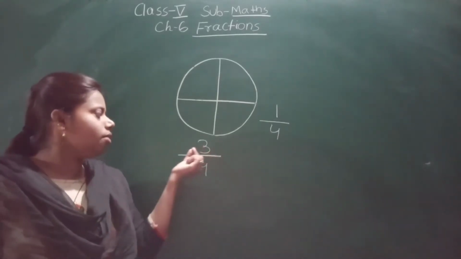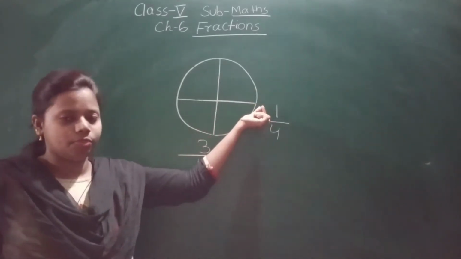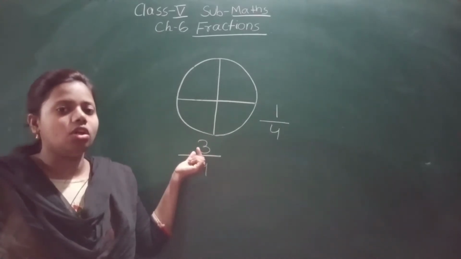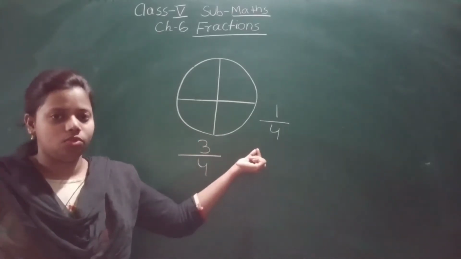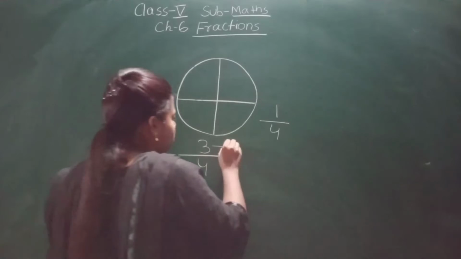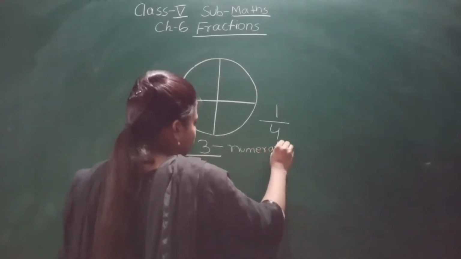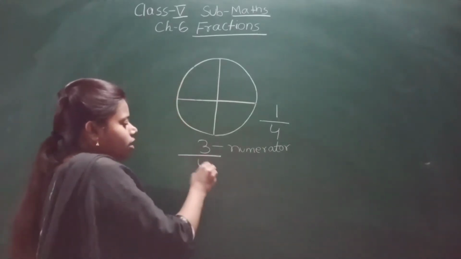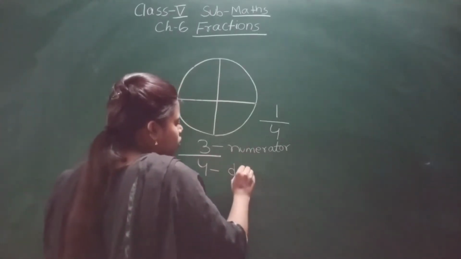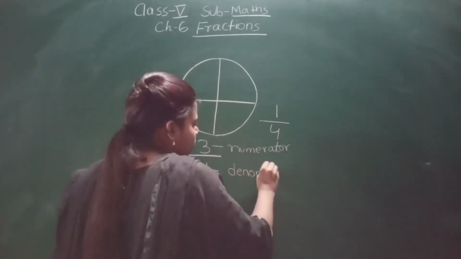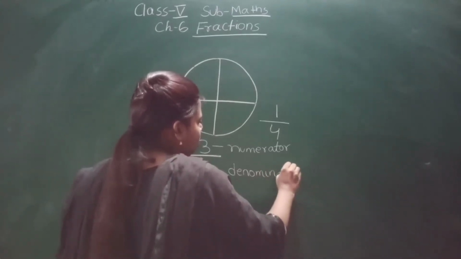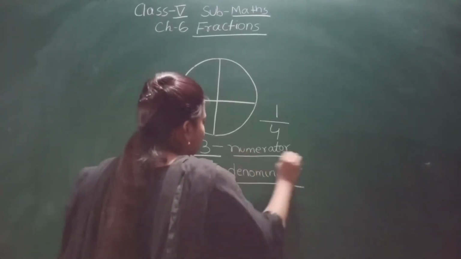The number you see on the top is called the numerator, and the one below is called the denominator.